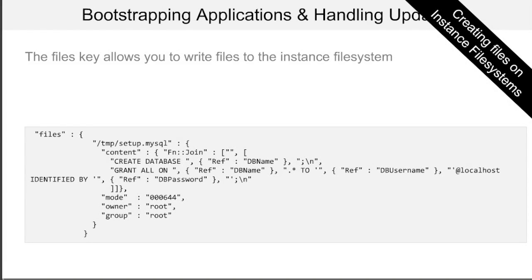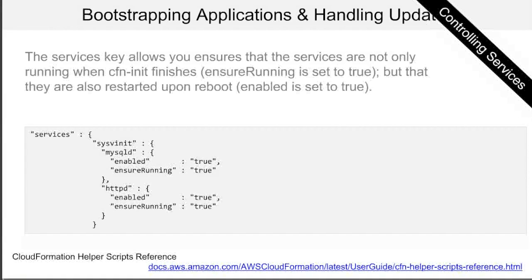So you can dynamically populate configuration files with information from elsewhere in your template. So if you dynamically created an RDS instance, for example, you could reference the name of that dynamically created RDS instance within your files key section to make sure that the MySQL setup files that you were creating pointed back at the right RDS instance that you just created. So it's a pretty powerful tool from that respect.